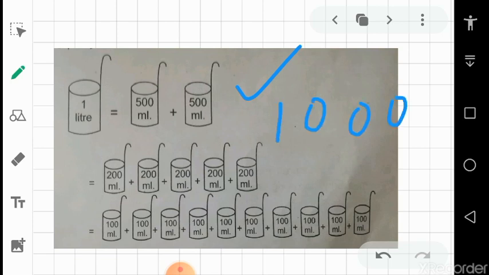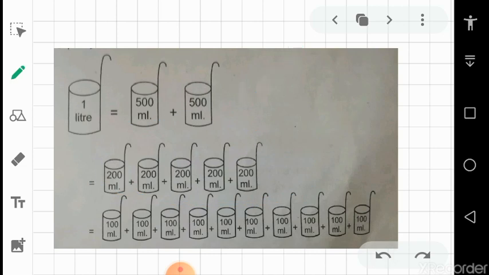So we have 1 liter equals 1000 ml. In the second picture there are 5 containers, each of capacity 200 ml. So the total quantity is 200 multiplied by 5. Again it is equal to 1 liter.